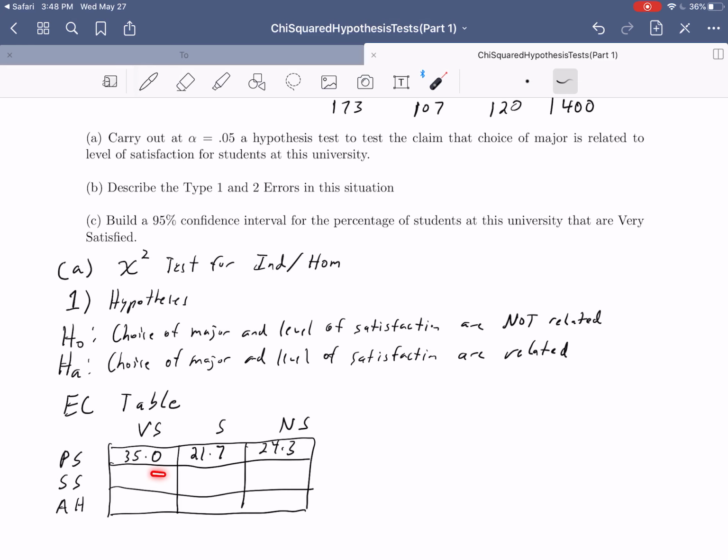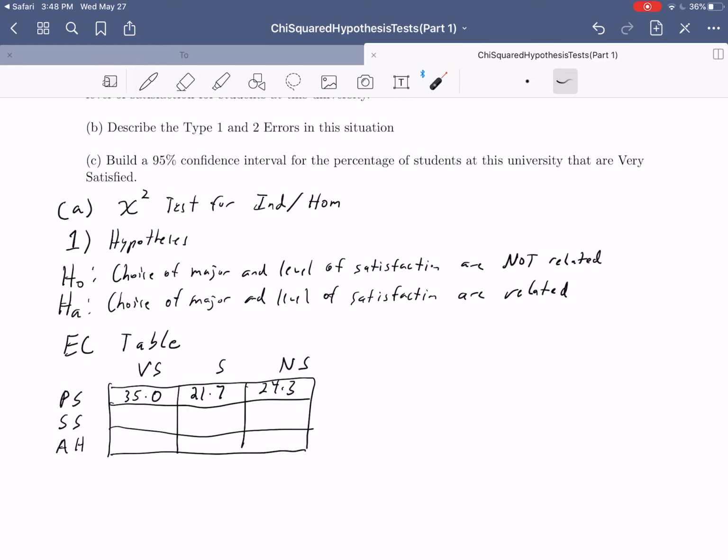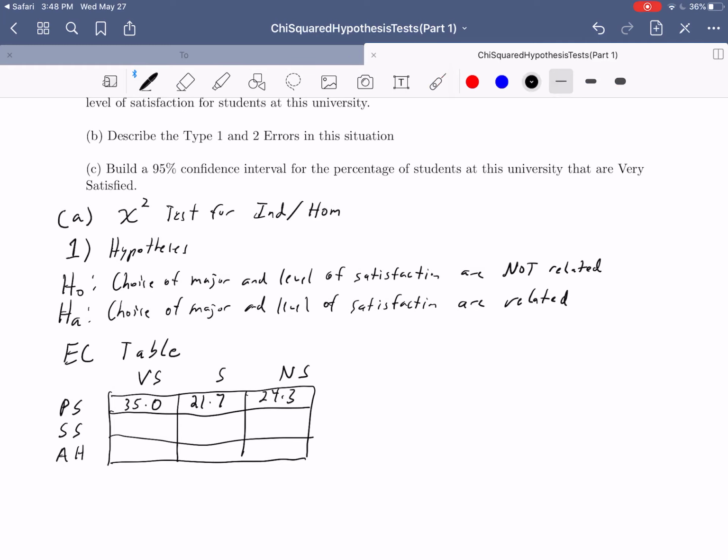All right, now let's go ahead and fill in these values here. For this guy here, we're going to be taking the row total 156, column total 173, and then dividing by 400. So 156 times 173 divided by 400. Looks like that guy should come out as 67.5.